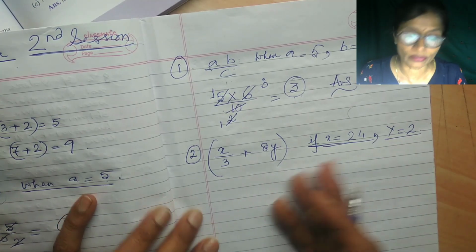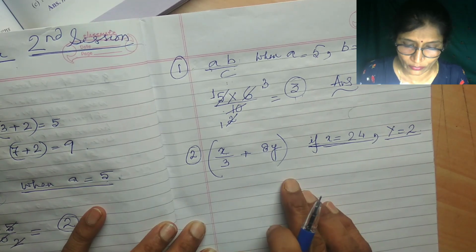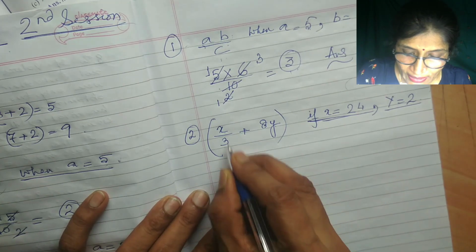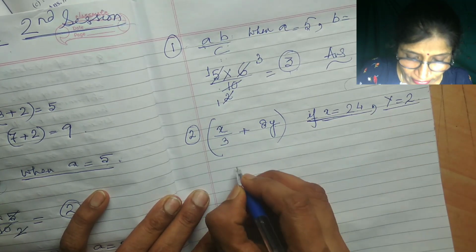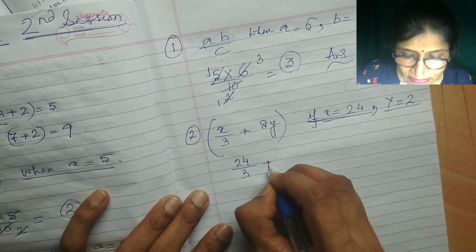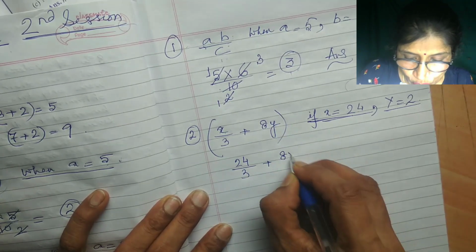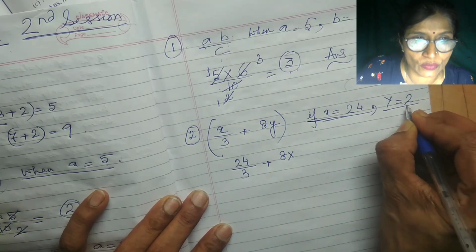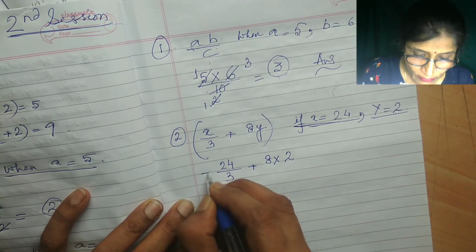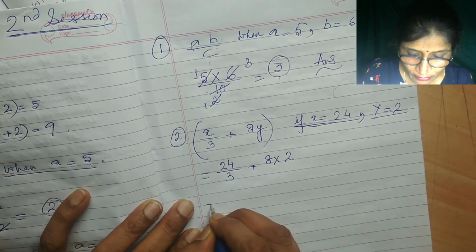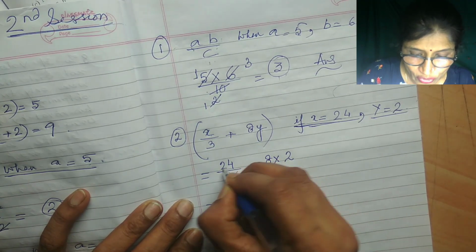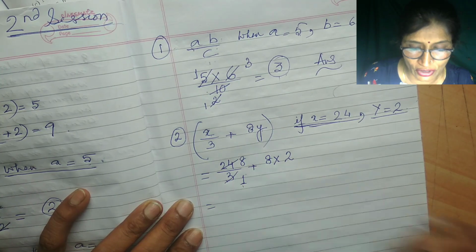So now what will you do? You will substitute the value of x and y in this expression. So x is 24. So I'll write 24 divided by 3 plus 8, and here nothing between them means into; y is 2, so I will write 2. Okay. So this is equal to: 3 1s are 3, so 3 divided by 3 is 1, and 24 divided by 3 is 8.